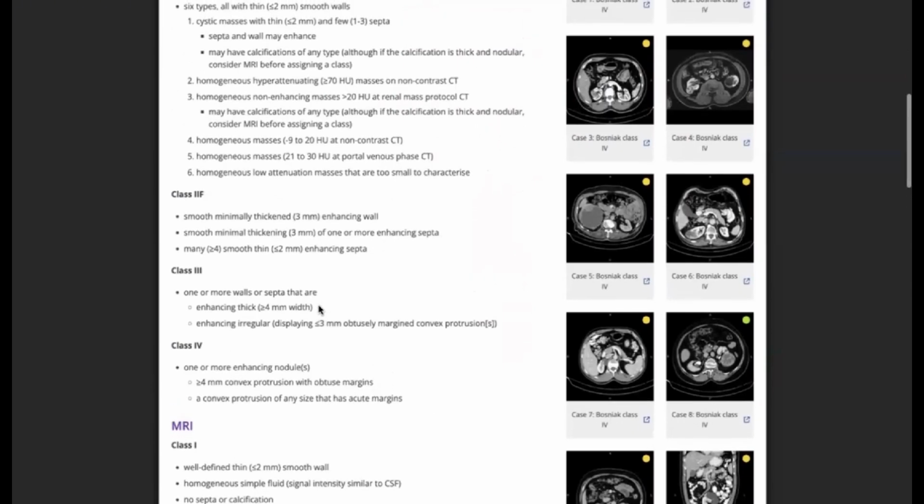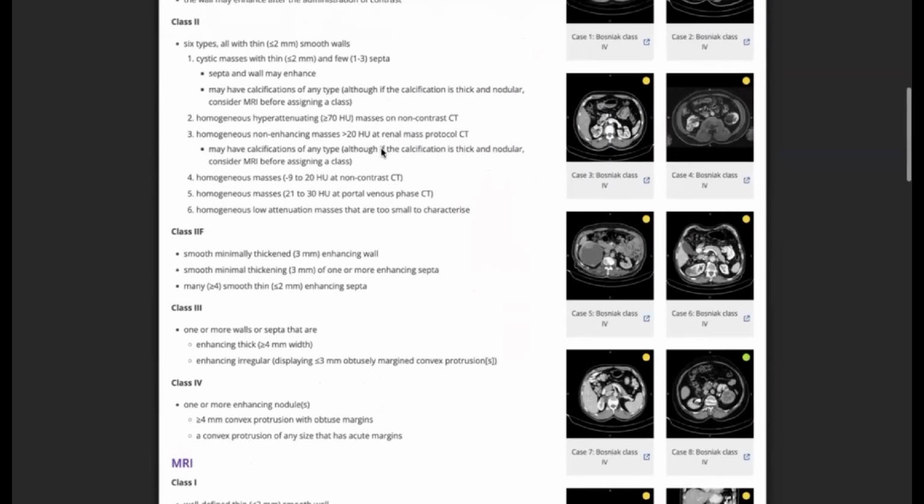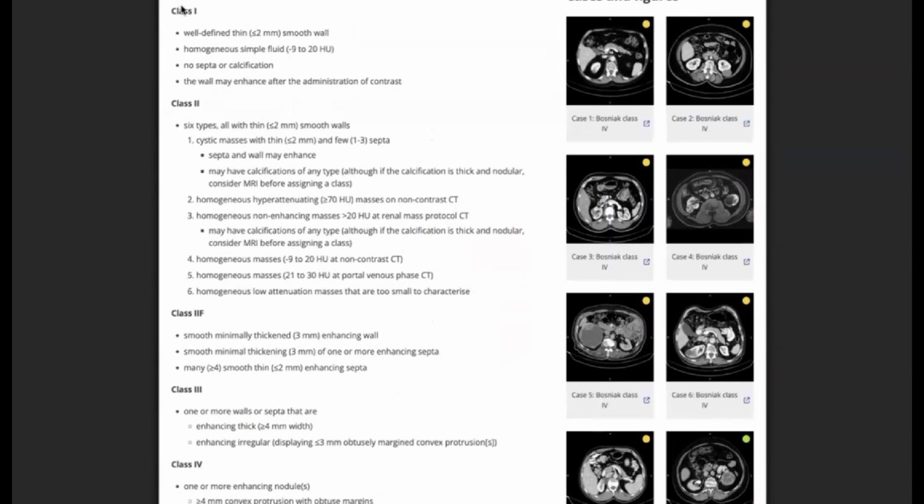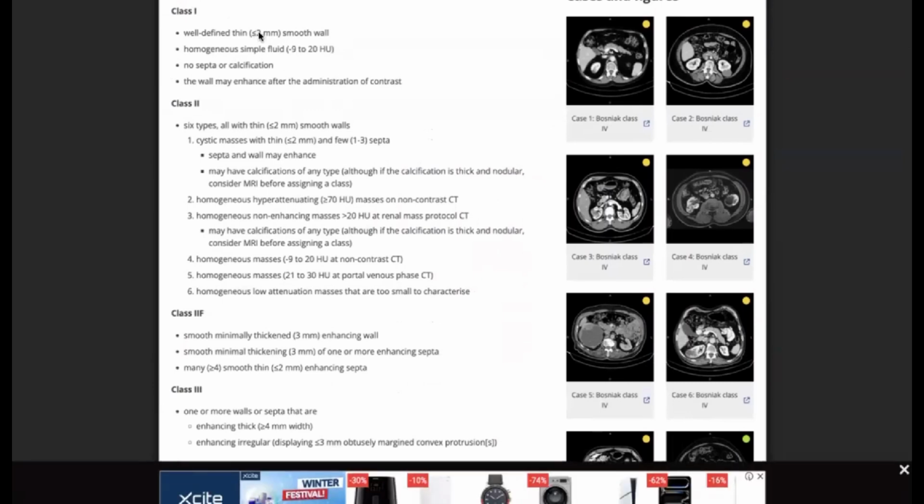I will give you a very simple way, at least to catch a few of it. See, my colleague, type 1 is completely benign: wall thickness less than 2 mm and nothing else. Don't confuse your mind with it.